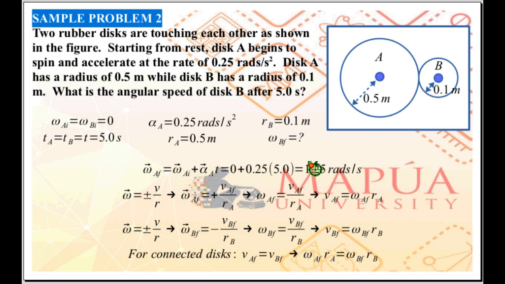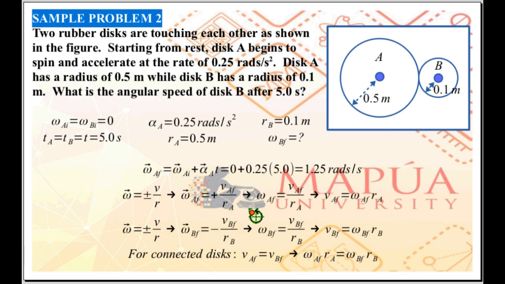Since A is moving in the positive direction, counterclockwise direction, omega A final is equal to positive VA final over RA. VA final is the final tangential speed of disk A as it spins around the pivot point. In particular, the tangential speed of the edge of disk A.